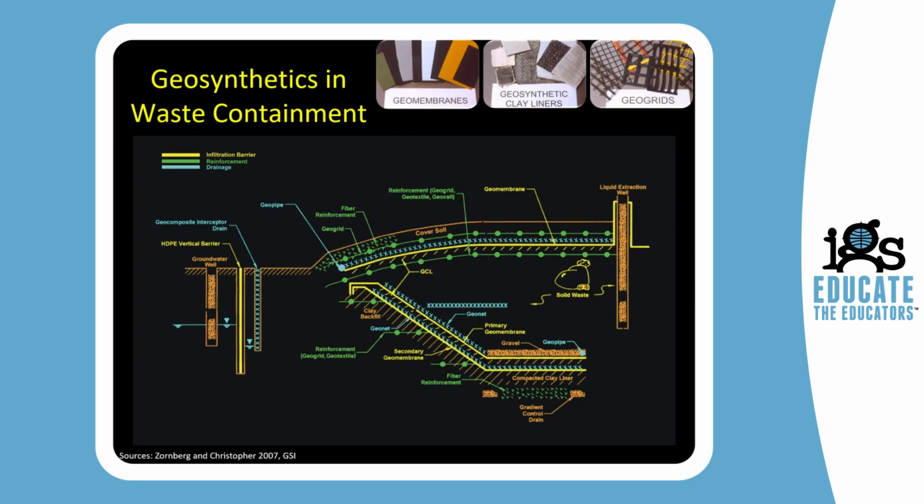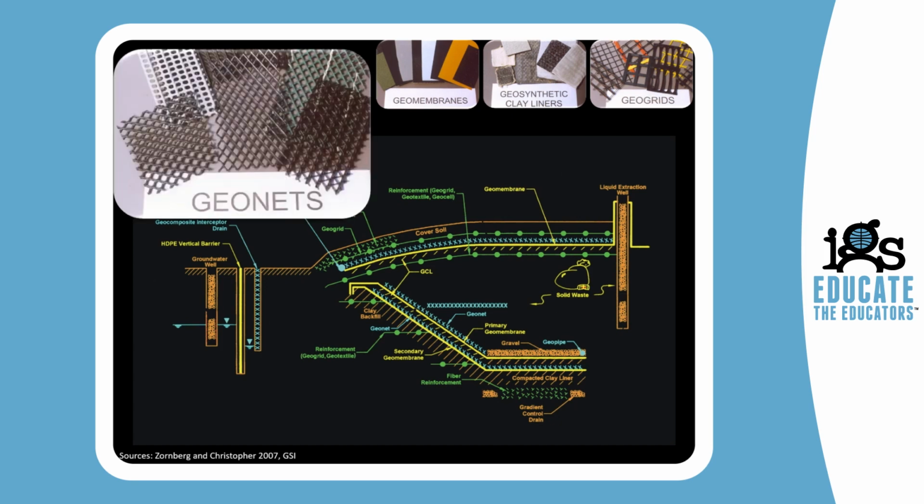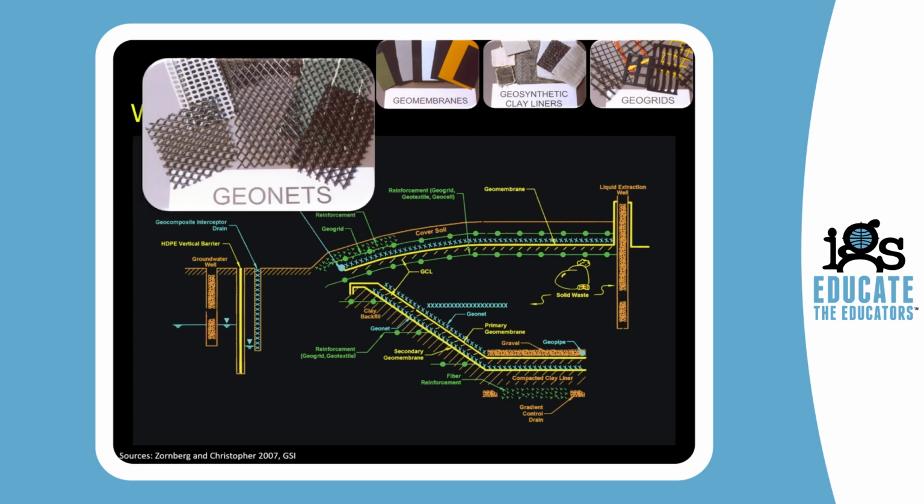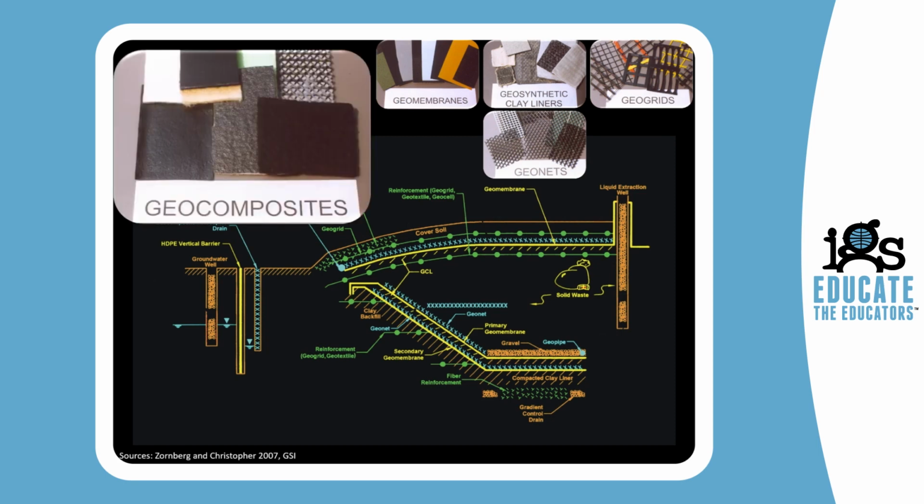And on top of the primary liner, we will have a geonet, and in between the primary and the secondary liners, we will have a second geonet. Geonets are the geosynthetics that we will use for in-plane drainage, along with geocomposites that are very common because they provide not only in-plane drainage, but also the important function of filtration.